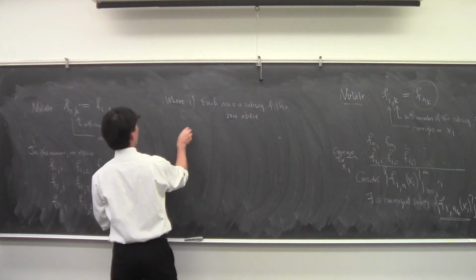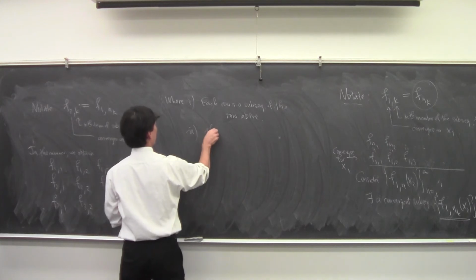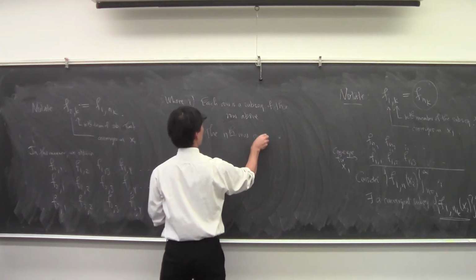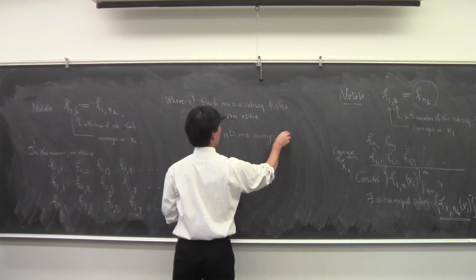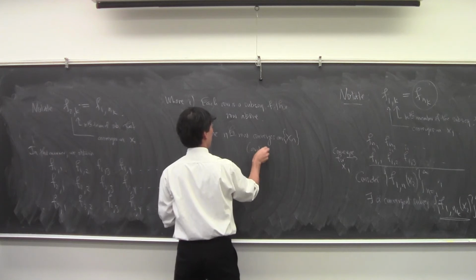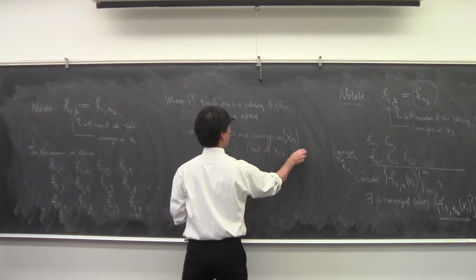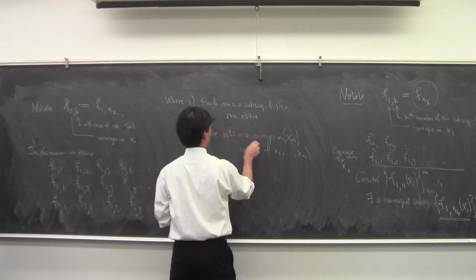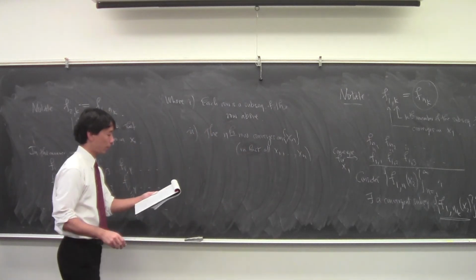The nth row converges on x_n, and actually on all of x_1 through x_n.